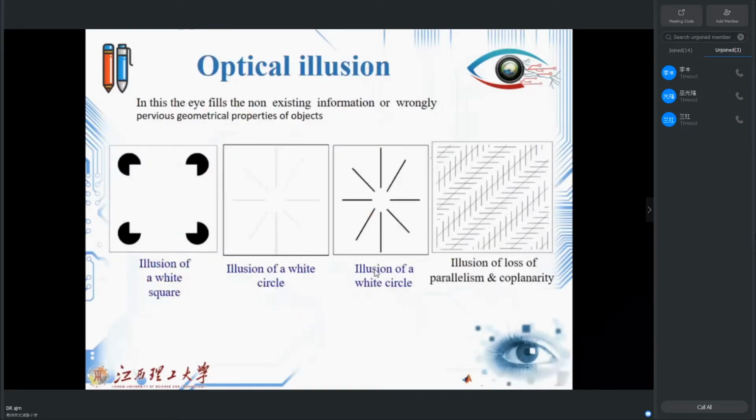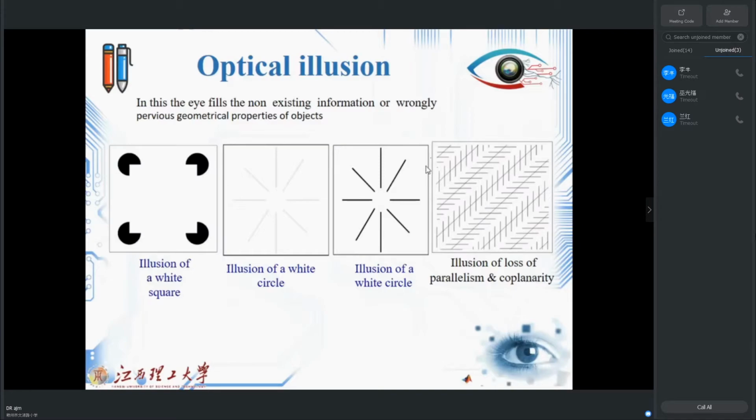Some optical illusions we have, in which the eye fills in non-existing information or wrongly perceives geometrical properties of objects, such as illusion of a white square, illusion of a white circle, and again a white circle here, but you will see that here these are the dark or black line, and here you have the gray color line.